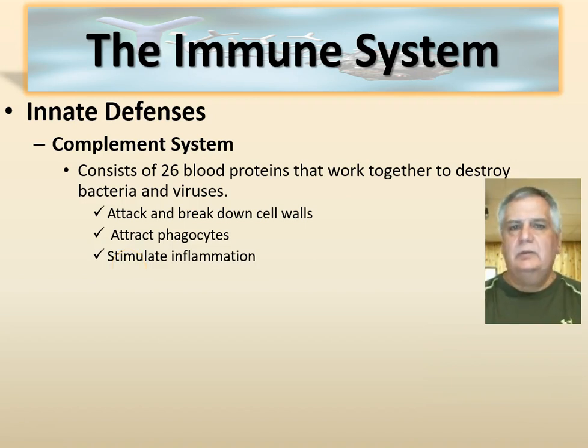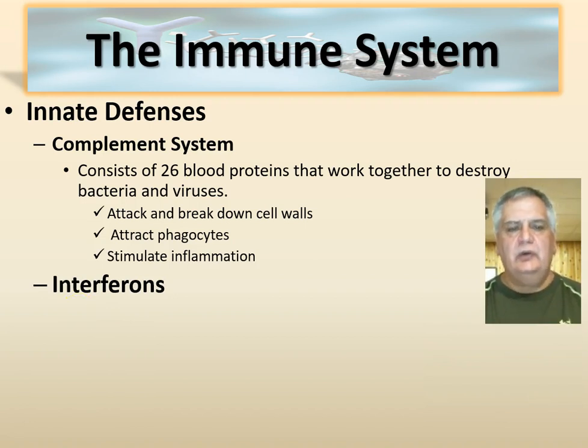No matter whether we talk about 11 or 26 or 30 proteins that work together to destroy bacteria and viruses, these complement proteins all work together to do things like attack and break down the cell walls of microbes. Let's say, for example, bacteria. That's where we'd find cell walls. They also attract phagocytes into the area. So histamine could be considered one of these proteins in the complement system, and also to stimulate inflammation.